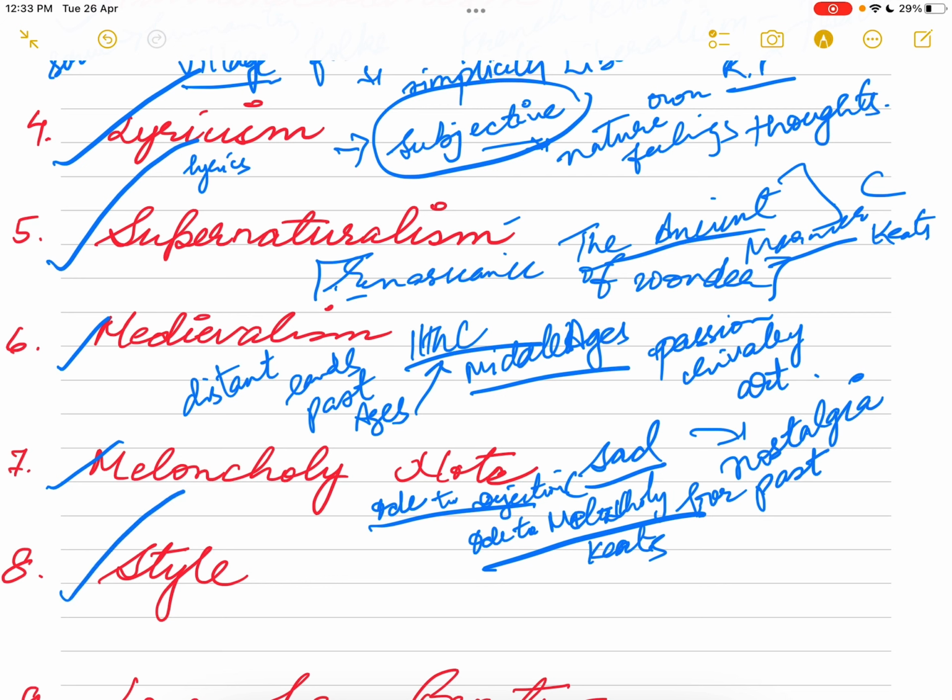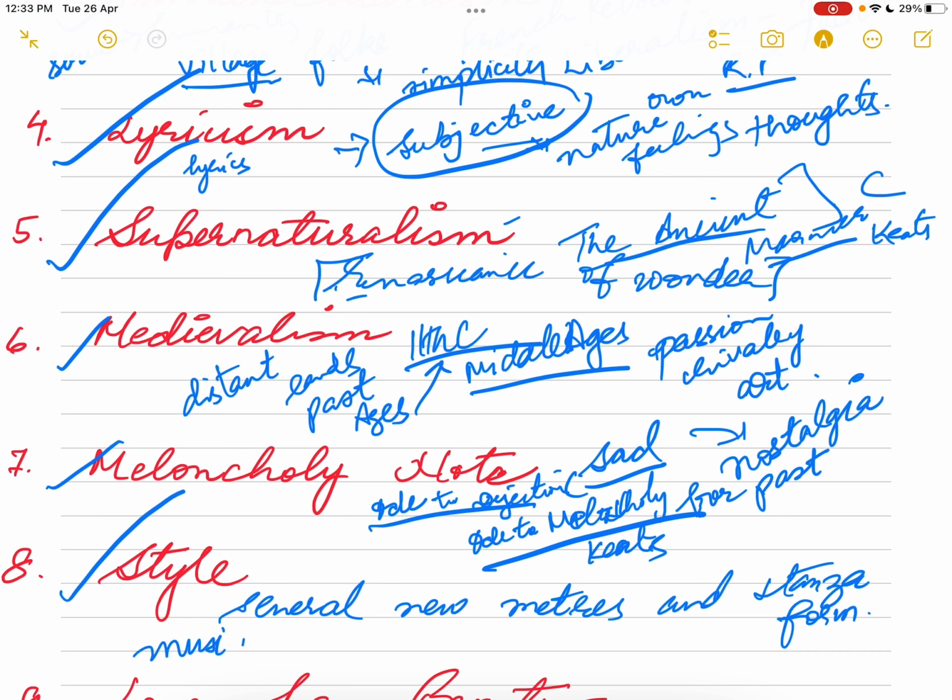Last of all, and very, very significant, is the style. As far as the style is concerned, the romantic poets introduced several new meters and stanza forms. If I have to explain it in simple terms, it means the musical quality of the poems written by the romantic poets was totally outstanding.